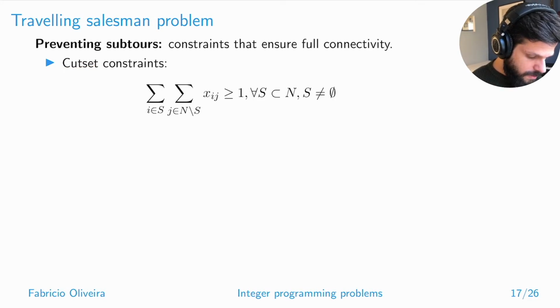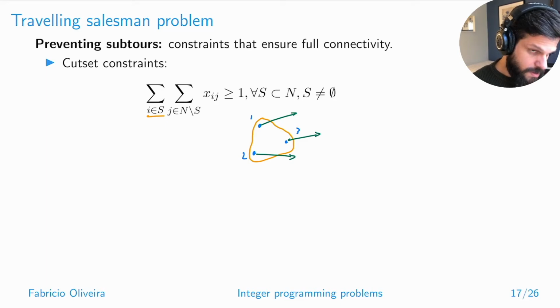Basically, cut set is telling us the following. If you observe a subtour between, say, 1, 2, and 3, what you say now is that when you look at the arcs that have as origin S, so arcs leaving this node, arcs leaving this node, and arcs leaving this node, and you sum among them, you have to have at least one connecting to a node that is not in the set S. So basically, what you're trying to say is that there must be at least one arc leaving the subset S. So it can be this, or this, or this.